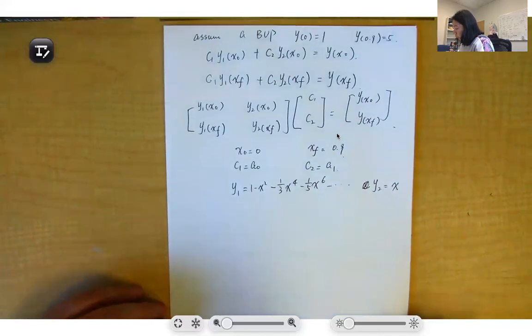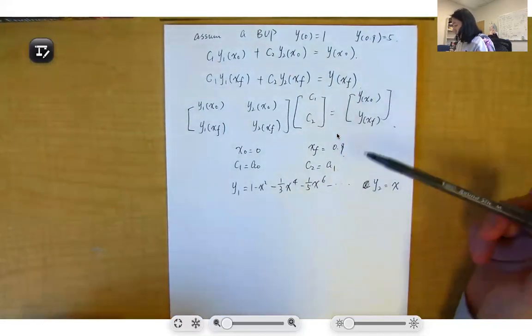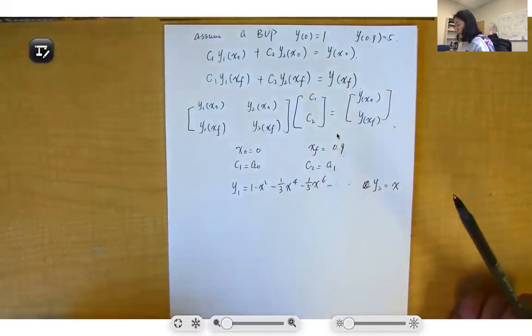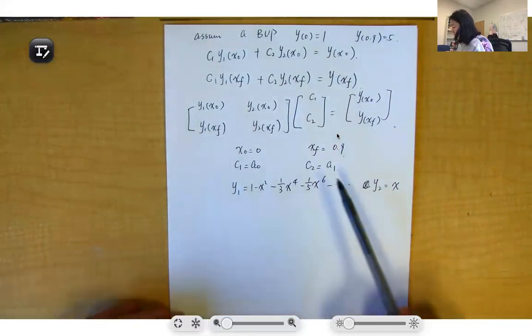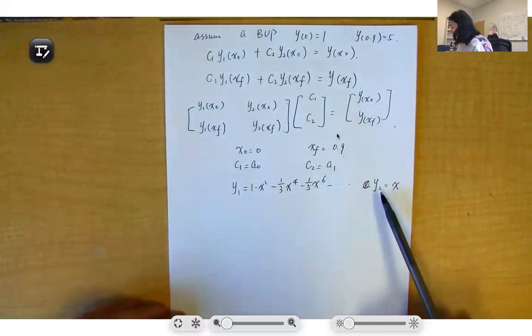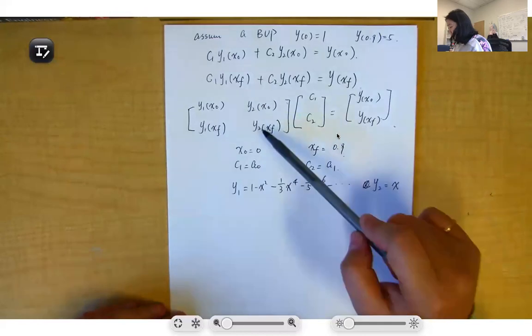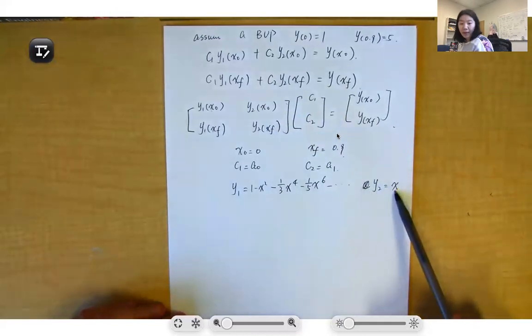Then what you can do in order to solve these, you at least need to know all the terms inside these equations, then you can solve, right? So you can easily get y2 at x equals 0 and y2 at x final, because that is just the x value.